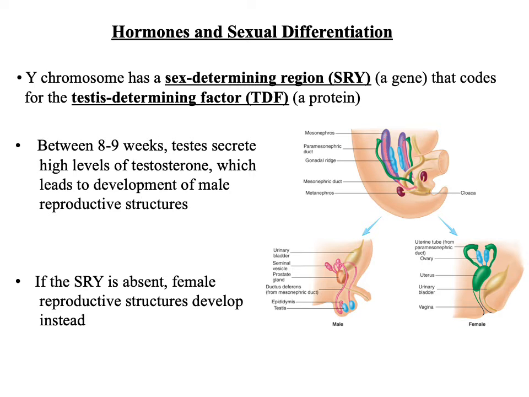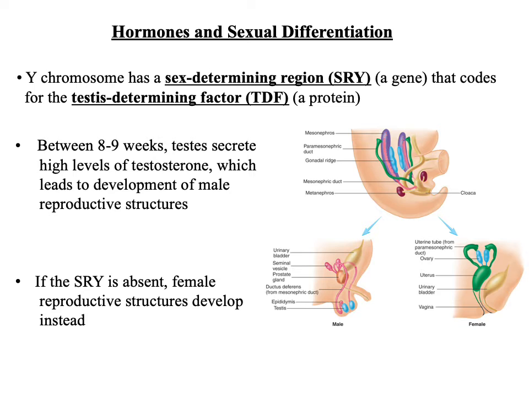Those are big names, but what that boils down to is that there is a special gene on the Y chromosome that is not present on the X chromosome, which means that males will have this gene and females will not. And the way that our genes manifest themselves, the way that the information contained in our DNA and on our chromosomes becomes more visible, is through the production of proteins.